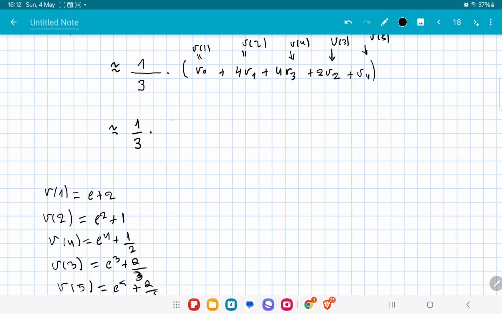So if I do the calculations straight away, it's going to be e plus 2 plus 4e squared plus 4 plus 4e to the power of 4 plus 2 plus 2e cubed plus 4 thirds plus e to the power of 5 plus 2 over 3.